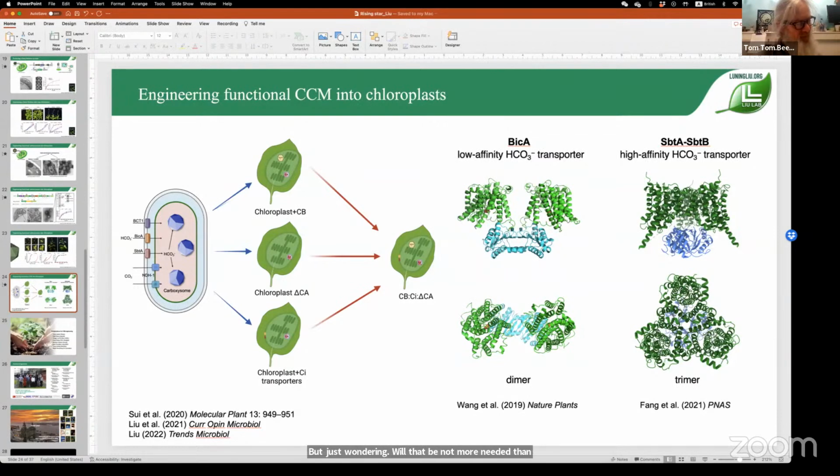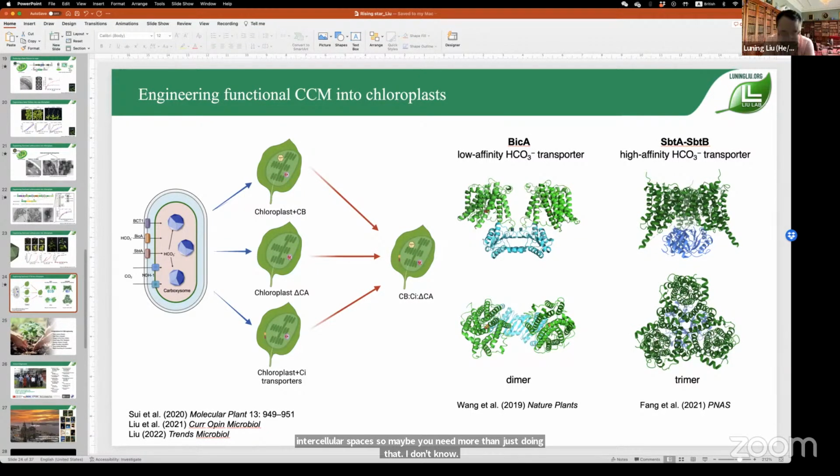Because in the leaves, plants have anatomical and histological factors that contribute to CO2 accumulation, like Kranz anatomy and that kind of thing. I'm wondering if it's actually possible to increase levels within the chloroplast without taking into account the CO2 concentrations in the leaves and the intercellular spaces. So maybe you need more than just doing that. I don't know.